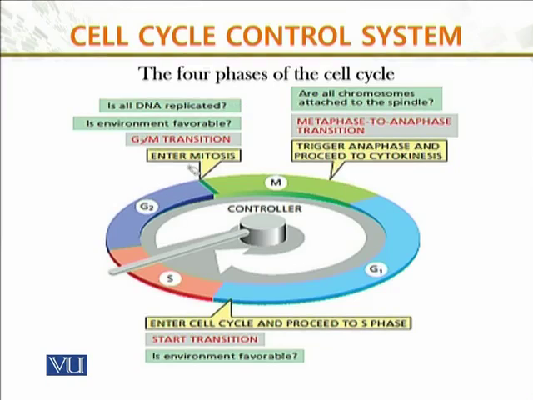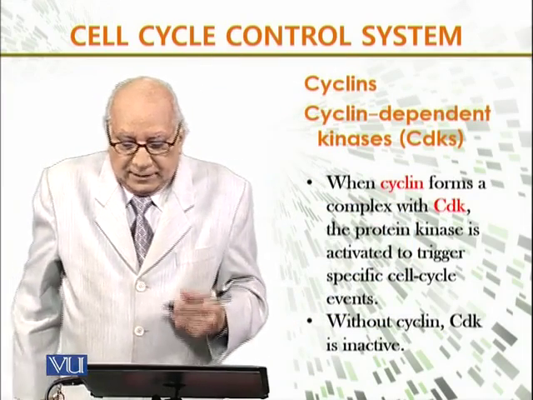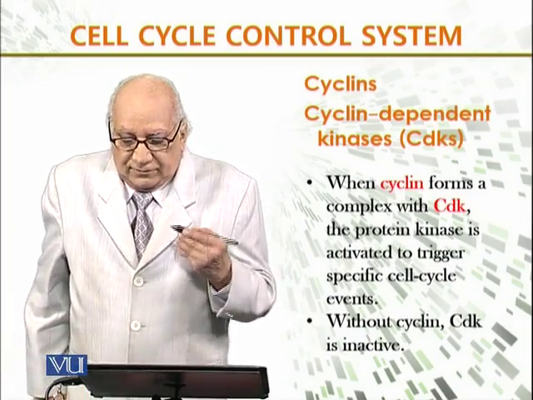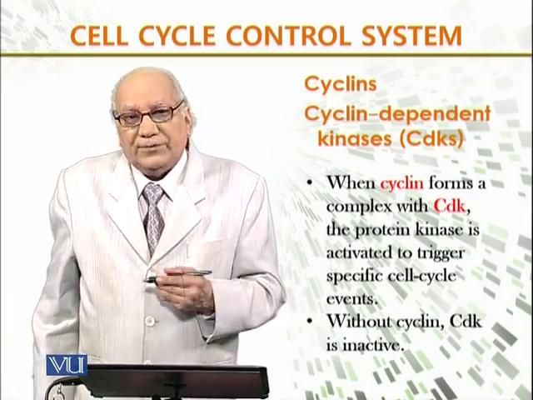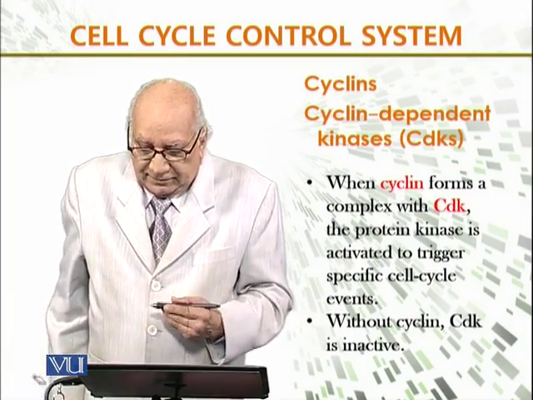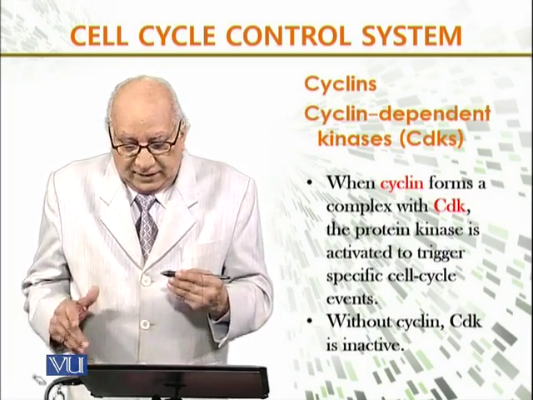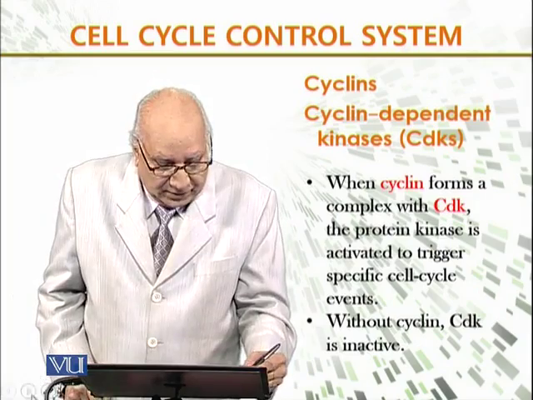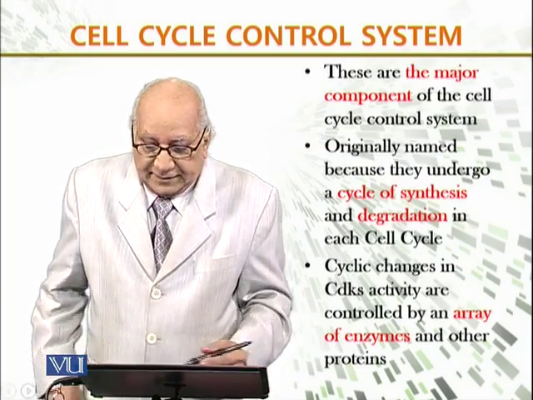Now the cyclin-dependent kinases, the CDKs: when cyclin forms a complex with CDK, the protein kinase is activated to trigger specific cell cycle events. Without cyclin, the CDK is inactive.